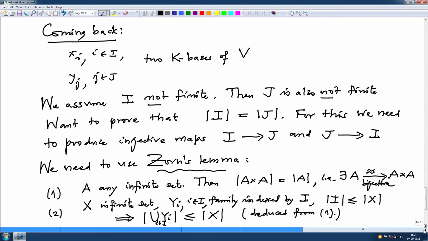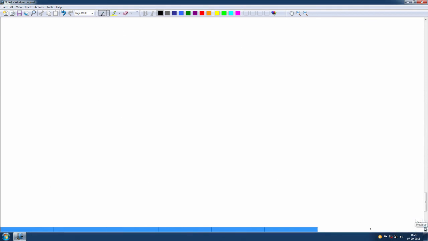Okay, let me finish this proof and then we will stop. This is very simple. So, now what have we been given? We have been given that x_i is a basis and y_j is also a basis. Now, fix j.